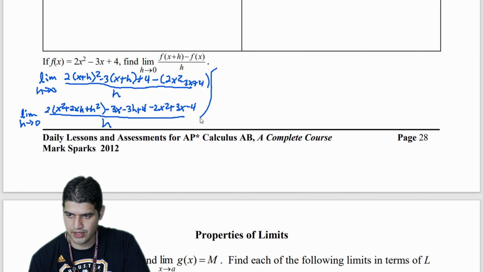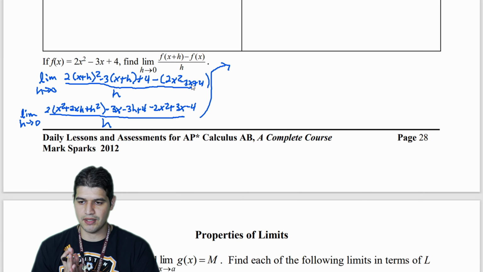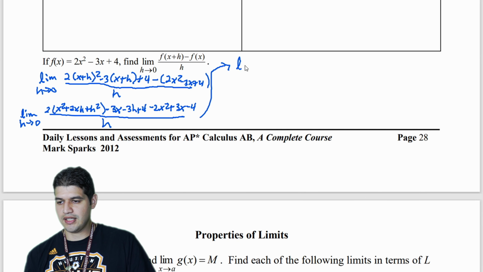All right, let's keep it going. Now this one's looking big right now, but it's going to become small in just a moment. So let's look at some things that are happening. Still have the limit as h approaches 0.